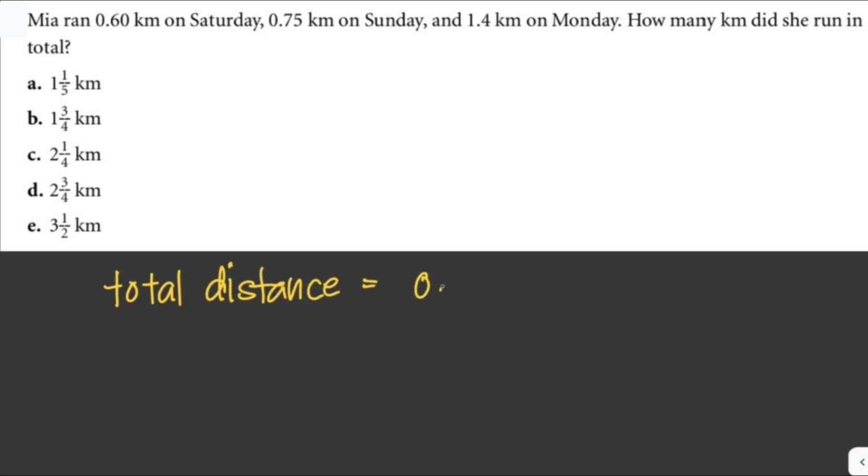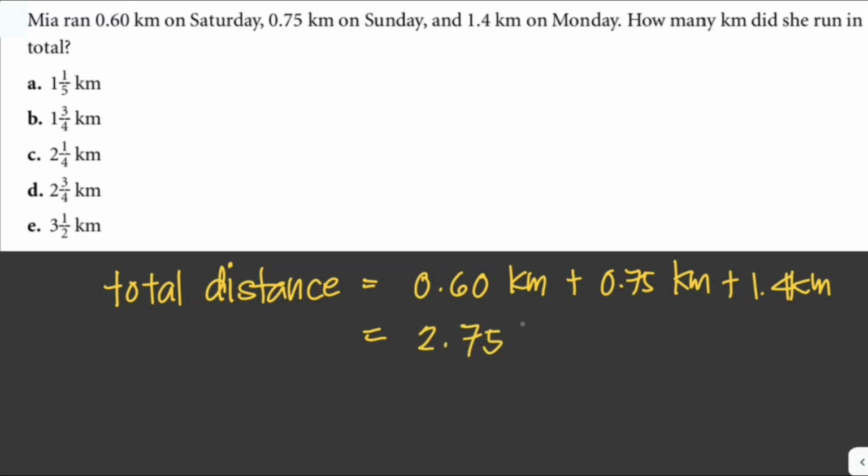So that is just 0.6 kilometer plus 0.75 kilometer plus 1.4 kilometers, which is equal to 2.75 kilometers.